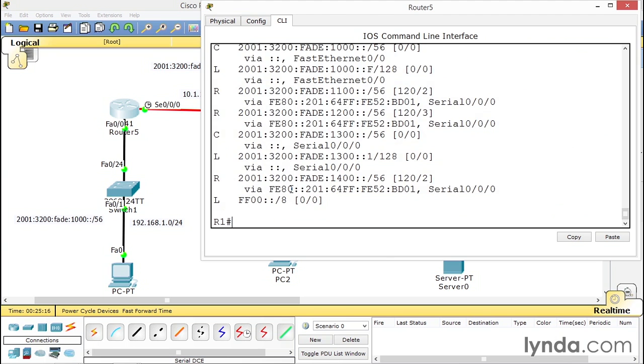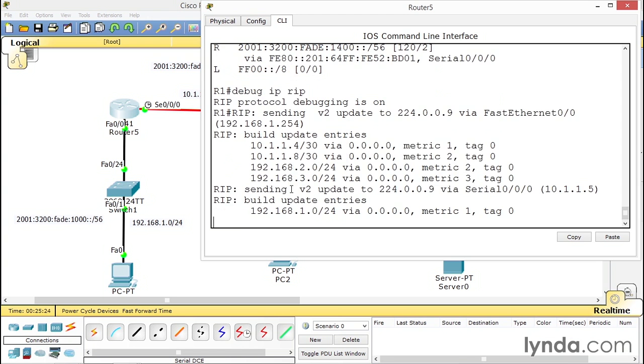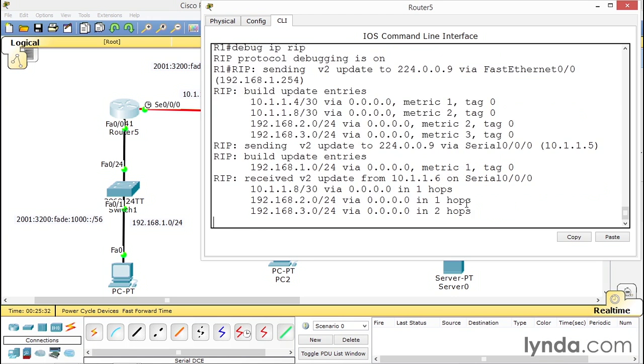For RIP version 2, I'll do a debug IP RIP. So now the RIP routing protocol is sending, and you can see this address right here, 224.0.0.9. That's the address that it uses to send its updates to the other routers. It's the same thing on RIPng, but it's in hexadecimal format.